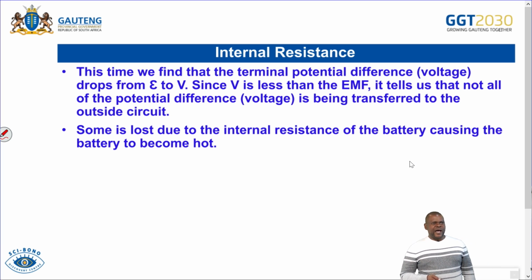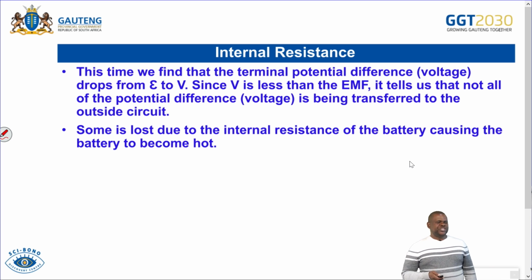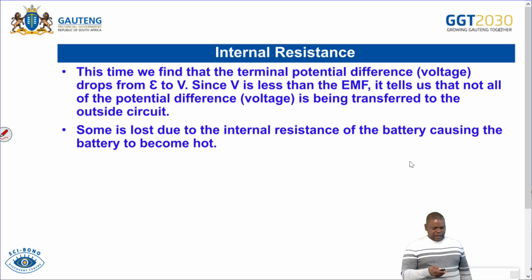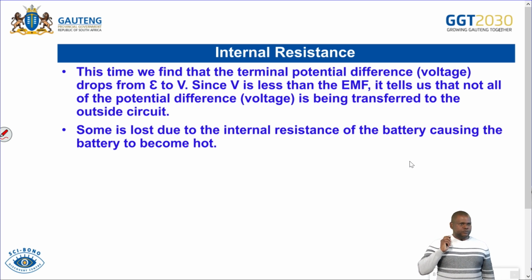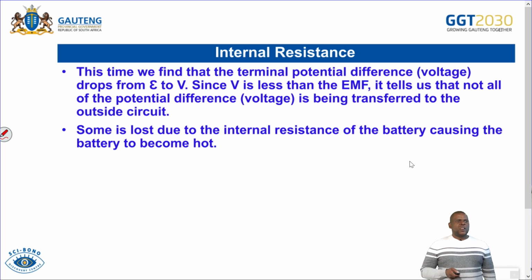This time, we find that the terminal potential difference or the voltage drops from EMF to V load, the potential difference across the load. Since V is less than EMF, it tells us that not all the potential difference or the voltage is being transferred into the outside circuit.